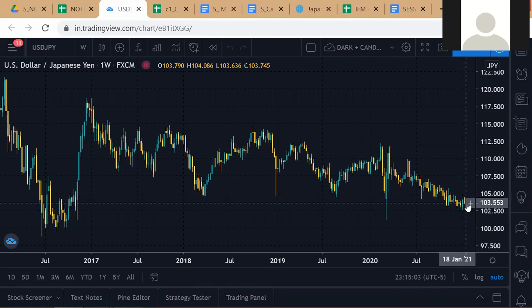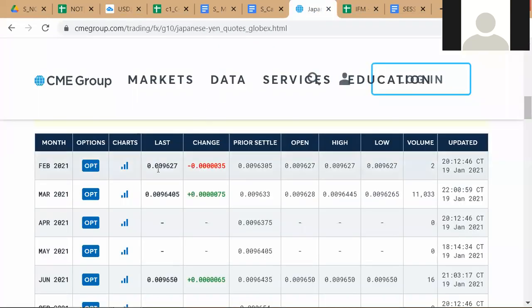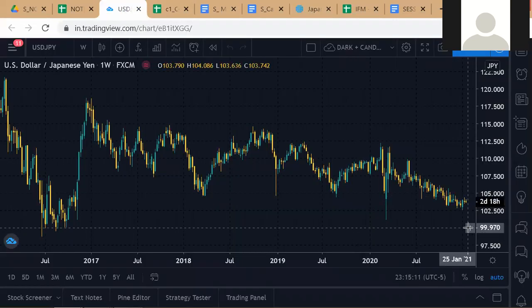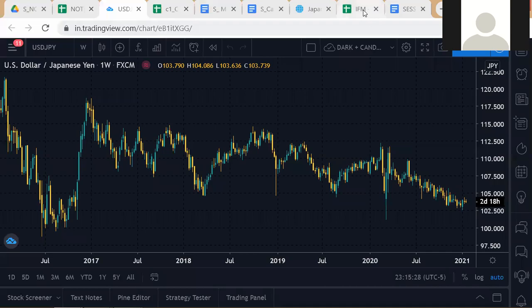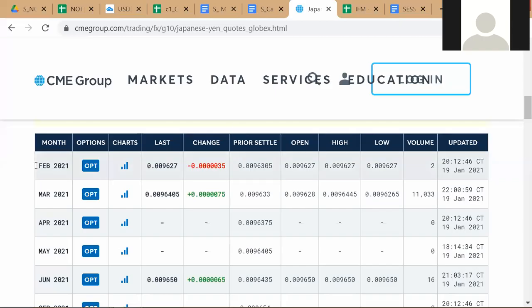So this delivery price, the spot price, if you just invert the price, you will not get the exact price. Suppose the price here is whatever it is, okay? I don't know what the price is right now. Let's look at it. Closing is 103.736. So if you invert 103.736, whatever you get is something close to this, but not exactly this.